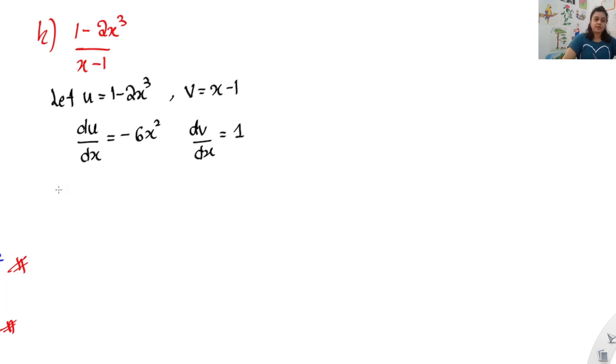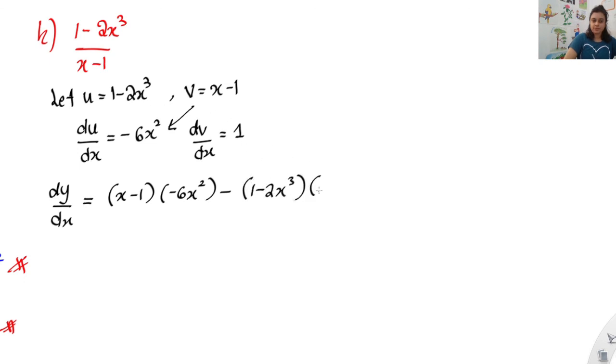That's quite easy. Now let's apply the rule. dy dx will be: copy the v first, x minus 1, then copy du dx, negative 6x square, minus copy the u, 1 minus 2x to the power of 3, copy dv dx, 1. Divide by v, copy the entire v and square it.